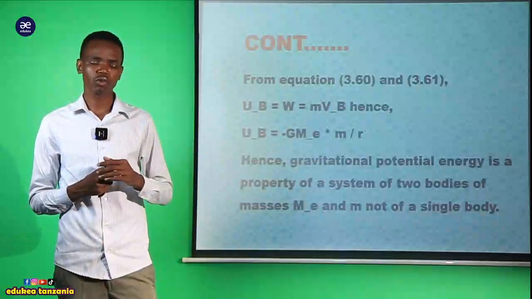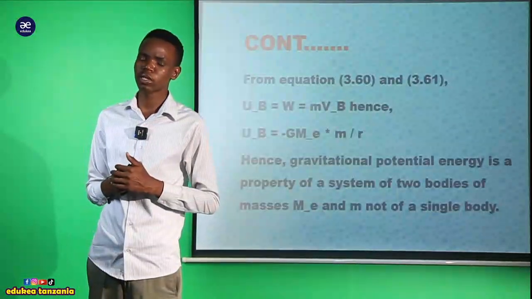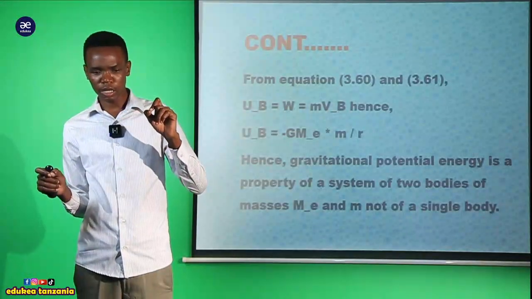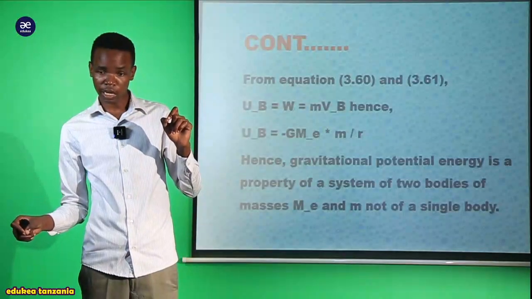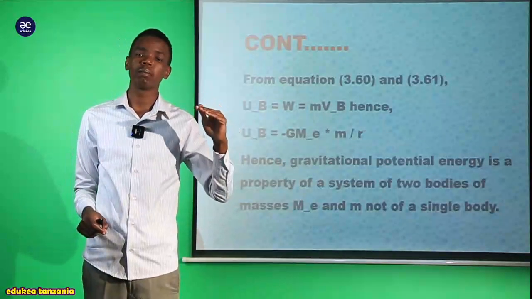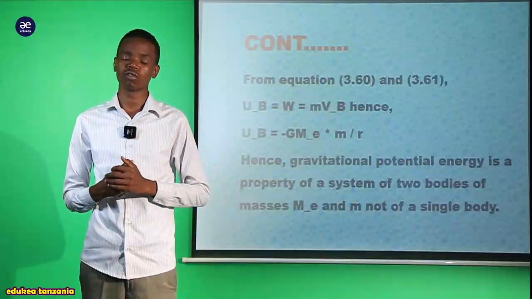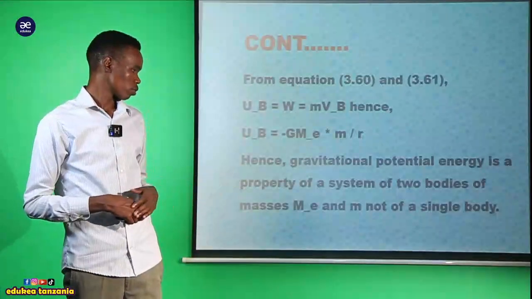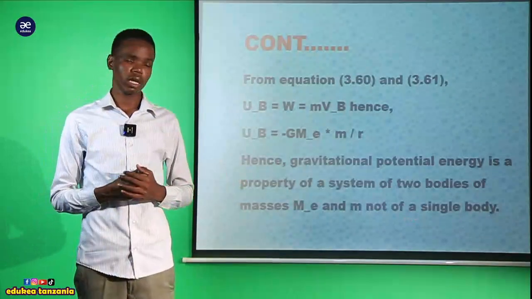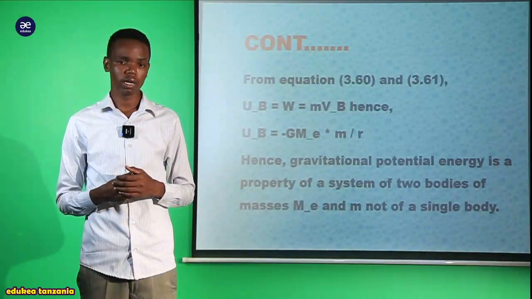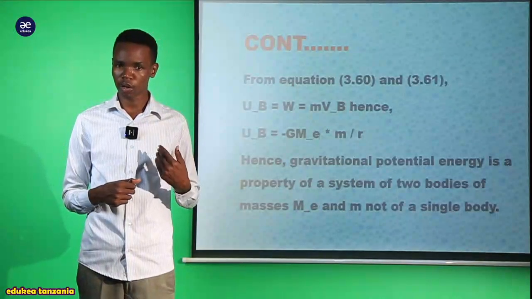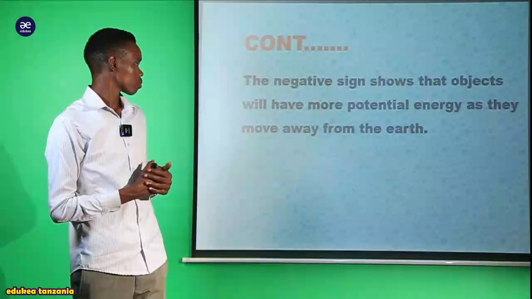In our figure we observe that the gravitational potential energy exists between the mass of the Earth at the center and the point P where the mass of the body is. But m need not be a single body; it can be multiple bodies.